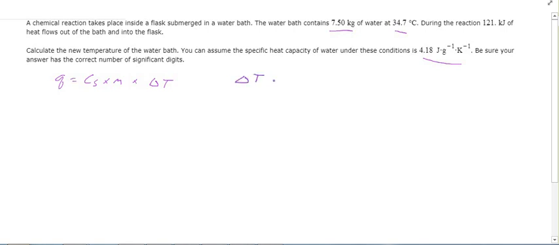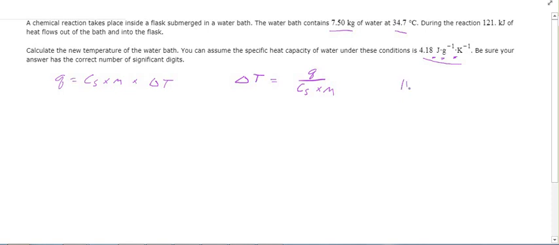So delta T equals Q divided by the specific heat capacity times the mass. The specific heat capacity is given in joules per gram per degree Kelvin. Again, the magnitude of Kelvin and Celsius are the same in terms of the change. And so let's go ahead and convert 121 kilojoules.